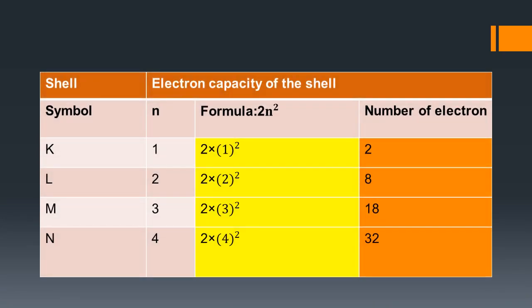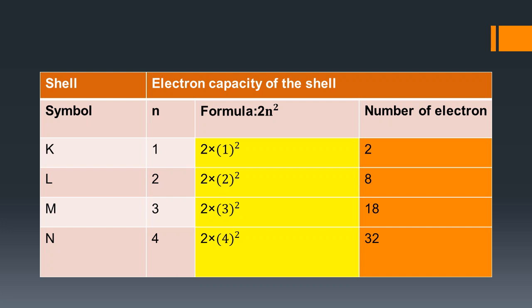Students, here one table is given in which a symbol and the ordinal numbers are given, and by the formula we have to calculate the number of electrons. For the first K shell, the formula is 2 into 1 square, that is 2.